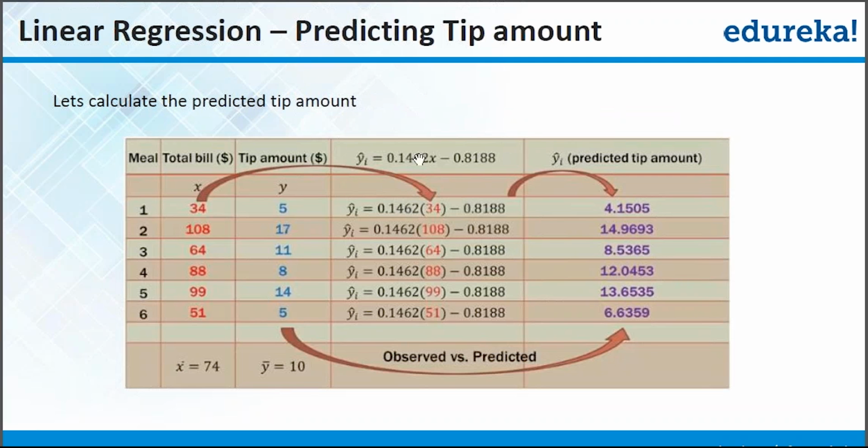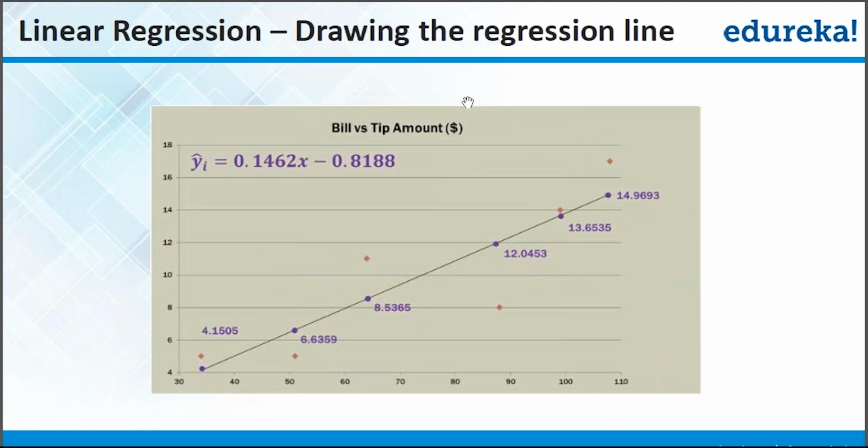What can be the predicted tip amount based on the bill price? They are applying a coefficient value, and there is a magnitude here. Observed versus predicted. Then they will obviously go for the residual here. Let's see whether they are plotting the bill amount as well. Just a minute.